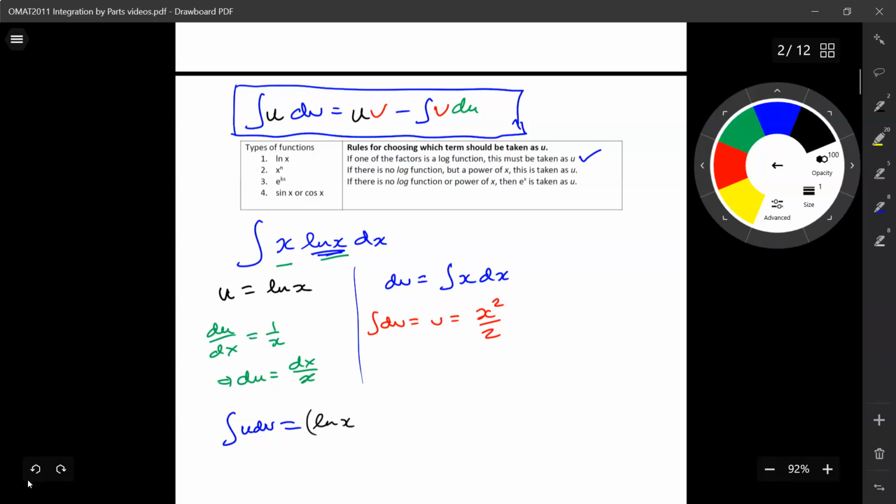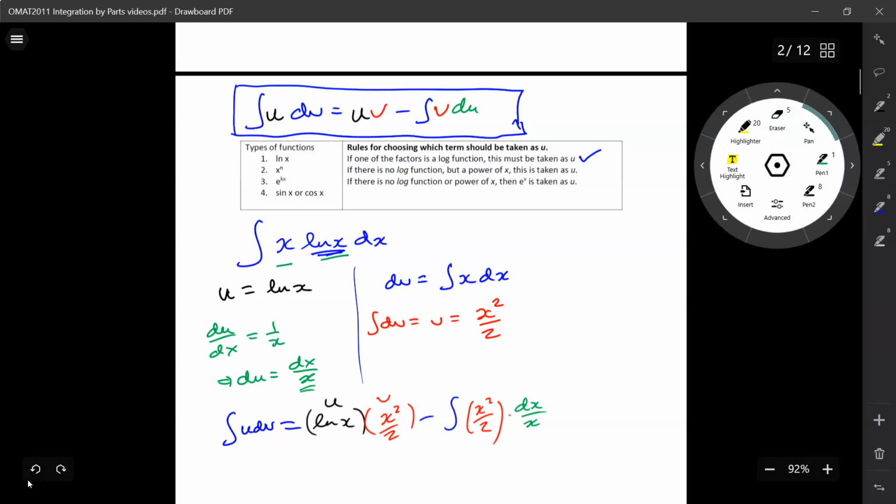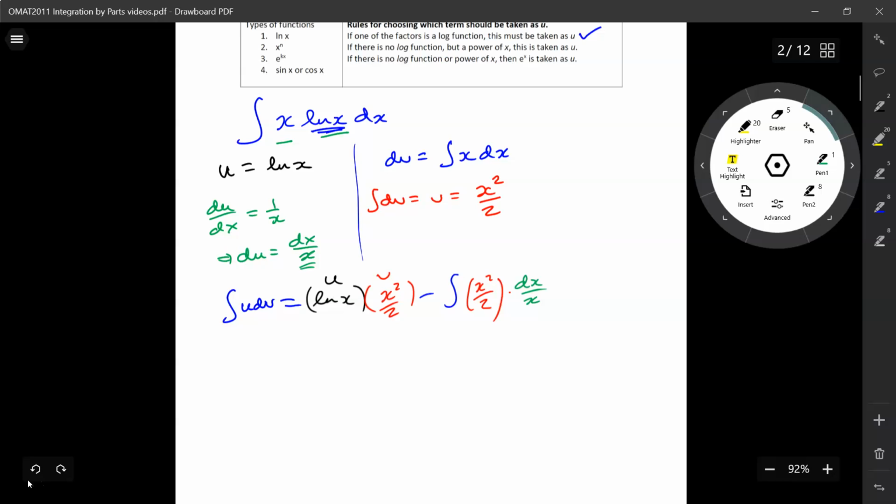That's my u, then my v is x squared over 2, minus the integral of v again, so that's x squared over 2 times du, and du we have over here is dx over x. I've used a bit of color coding there just so we can differentiate everything.